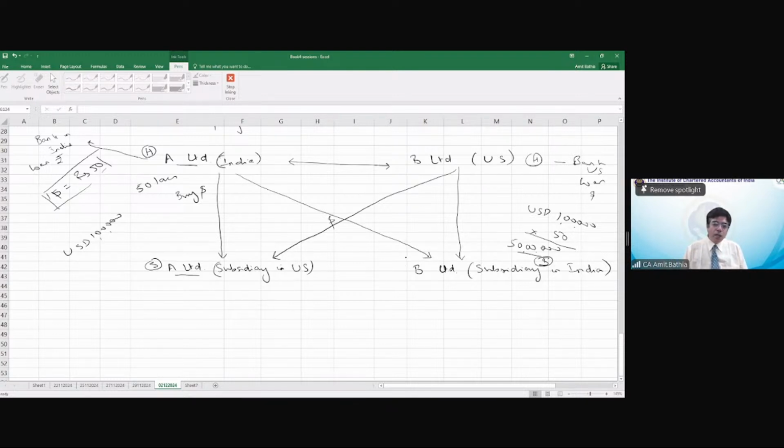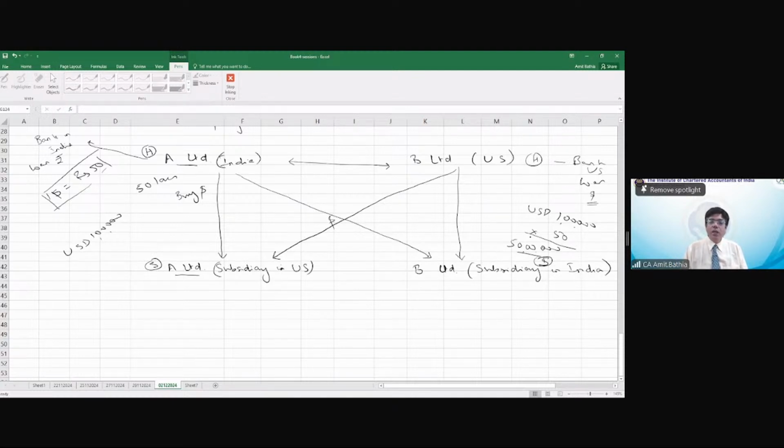And what is the advantage over here? Can you see the advantage? A Limited, a company in India, has an obligation in Indian rupees. A liability is created in their books in Indian rupees. Similarly, B Limited is a US company and has created a liability in dollars, which is their home currency.